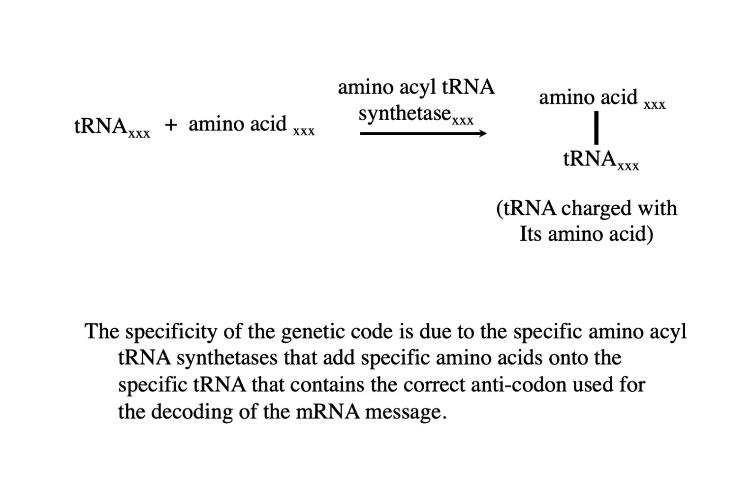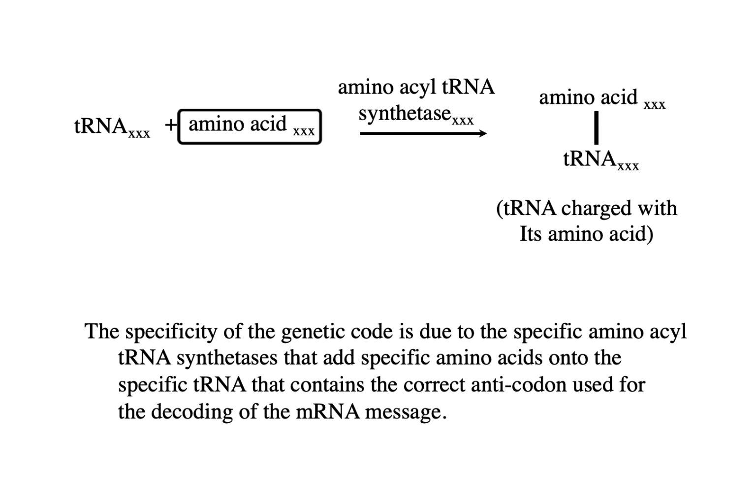While most people think that the tRNA is what helps to decode the mRNA message, and it does, the code is actually set by a series of enzymes, the amino-acyl tRNA synthetases. So you have a tRNA for a specific amino acid code, so that's XXX for the triplet anticodon.